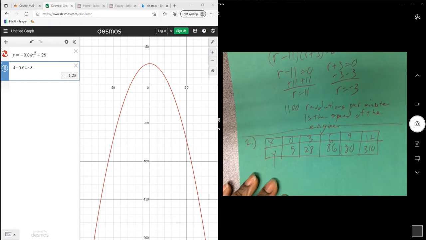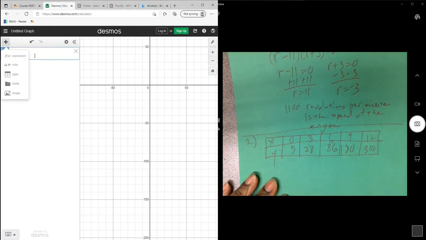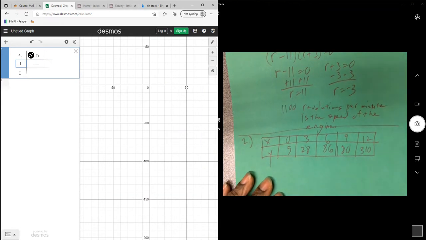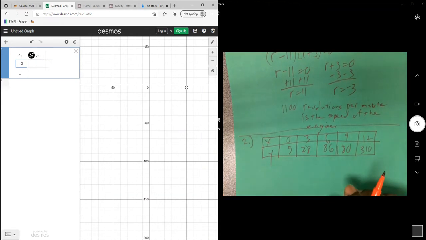Now, we should put this in Desmos. I think it'll be a lot easier. So we will have, let's see, not 5, it should be 0, 0, 3, 6, 9, and 12.